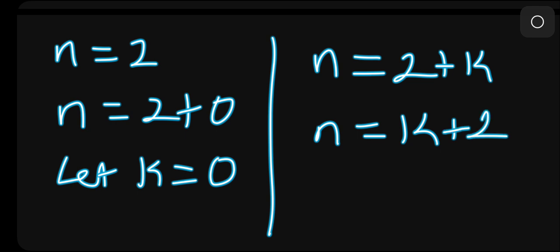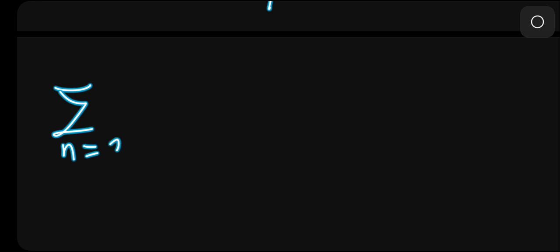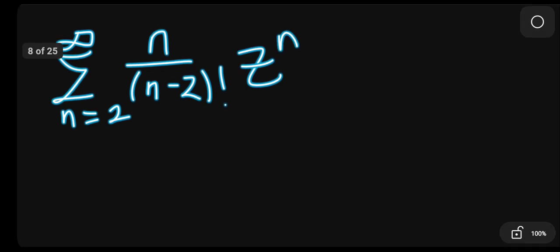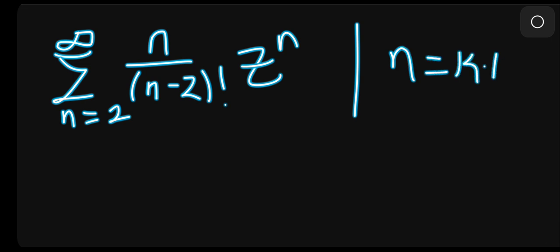So from here, I can actually substitute this one in it. Now the variable here is now k. So the sum from n equals 2 all the way to infinite, n over n minus 2 factorial z power n, where n is now equal to k plus 2. Our new variable is k.